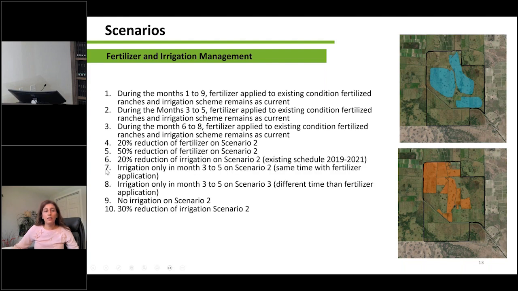And another set of scenarios has been developed to see the impact of irrigation generally. We have reduced the irrigation and changed the timing of irrigation. We have played with irrigation in scenarios 6 to 10 to see the impact of irrigation as well.